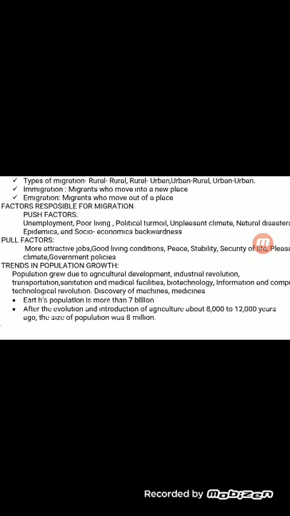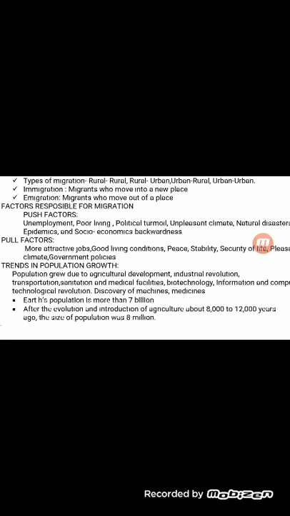So many people from India move to the US in search of job opportunities. Good living conditions. In the modern lifestyle, good living conditions are a very essential prerequisite, and people may also leave a place and move to certain other areas where good living conditions are available.